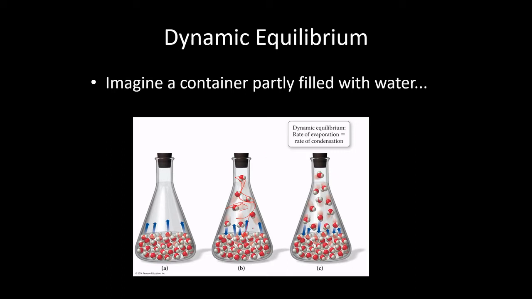And so at first, there's more water molecules that are escaping the surface than are being recaptured. But eventually, there will be developed a certain concentration of water inside the container in the gas phase that is in what we call a dynamic equilibrium with the liquid water, where you have exactly the same number of water molecules escaping and going into the gas phase as there are water molecules being recaptured into the liquid phase.